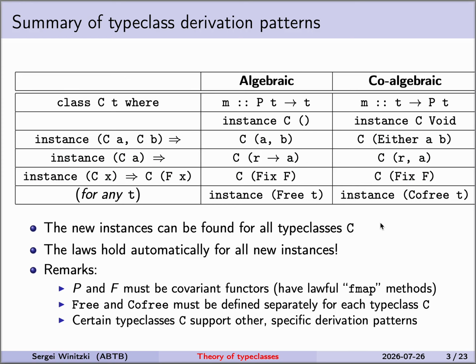So why is it called algebraic? It's because in category theory there are definitions of a functor algebra. So if P is a functor, or covariant functor, as we say, then a P functor algebra translated into types is a type T and a function of type P T to T. So that is all that is translated into types.